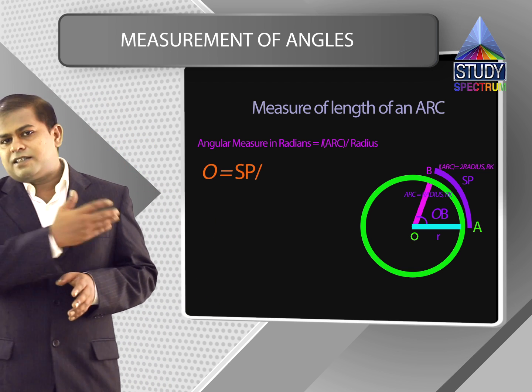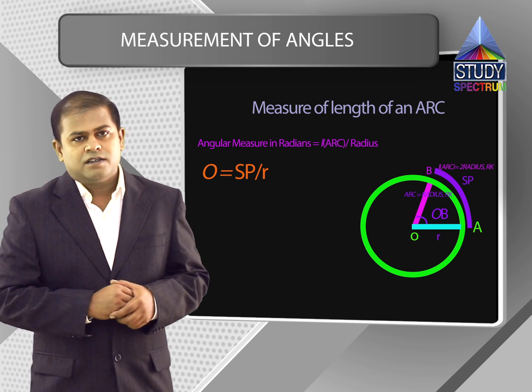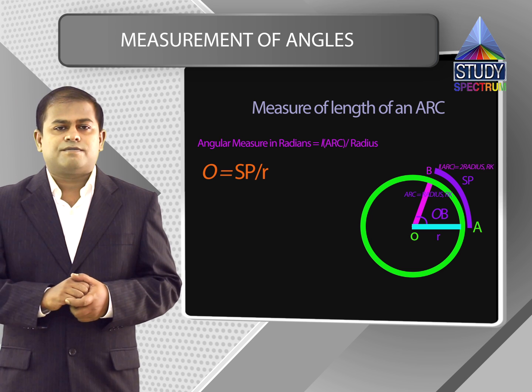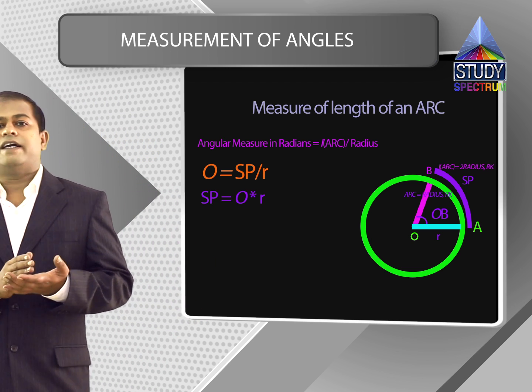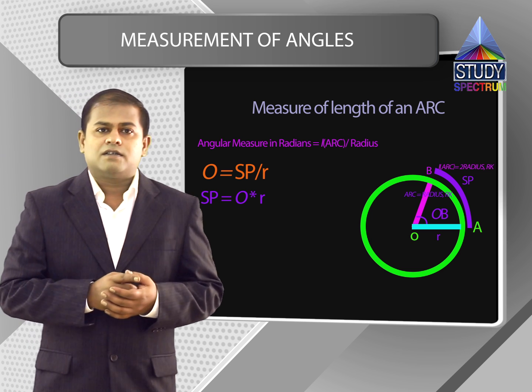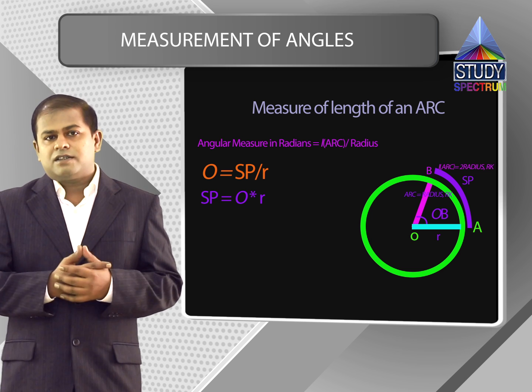If I make s the subject of the formula, that is, if I rearrange the terms and take r to the other side, what I get is s is equal to r into theta. So this gives us an expression to find the length of an arc. What is the length of an arc, the central angle of which is theta radians, with r as the radius?